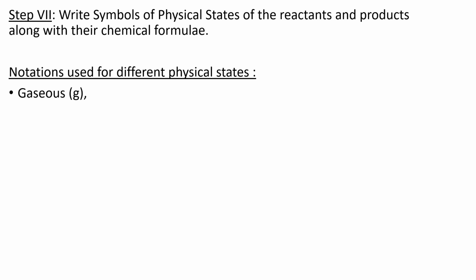For gaseous we use G, for liquid we use L, for aqueous we use AQ, and for solid state we use S. So what is AQ? AQ means that the reactant or product is present as a solution in water. I'll repeat. Aqueous means that the reactant or product is present as a solution in water.